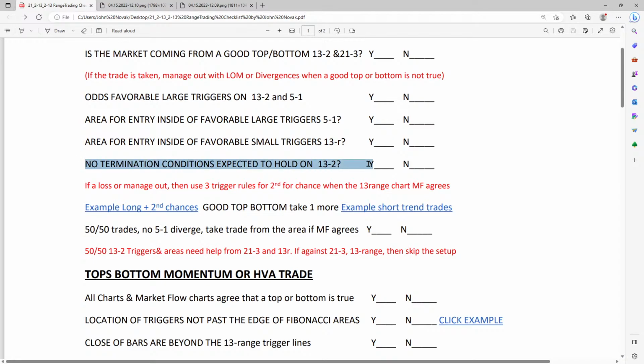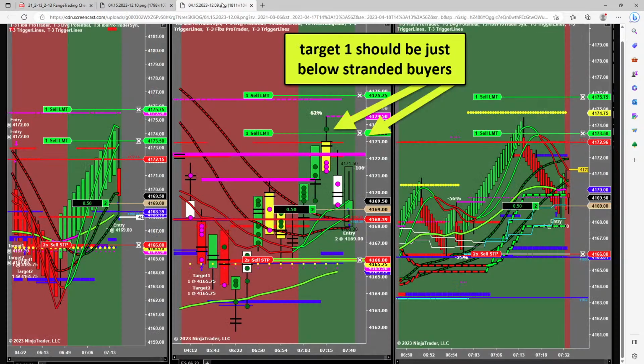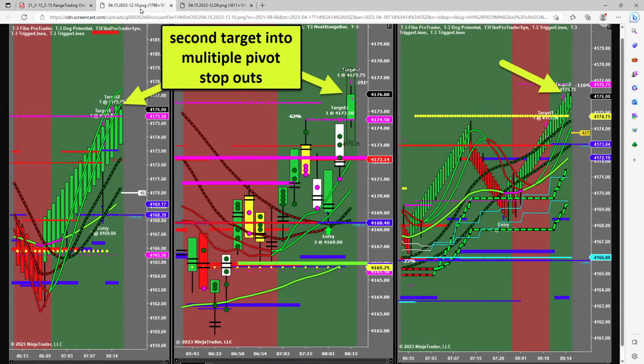Termination conditions expected to hold. Yeah, we'll see. I don't expect them to hold right off the bat. So again, before and after, after makes it look easy, but in your brain, it looks the exact same before and after you've done it 1,000 times.